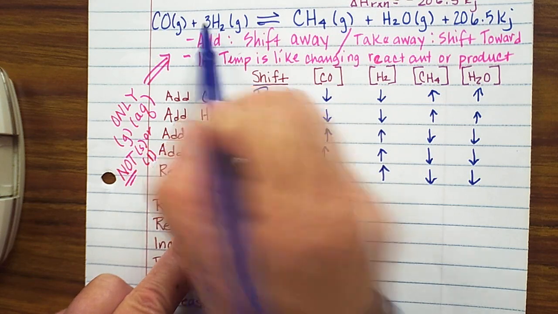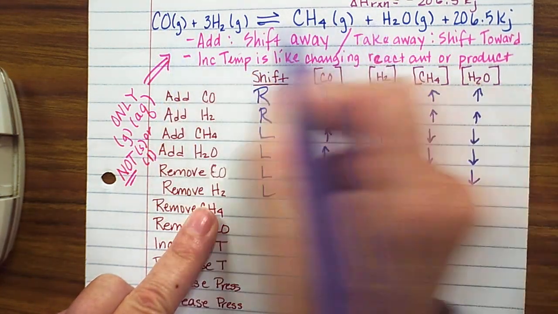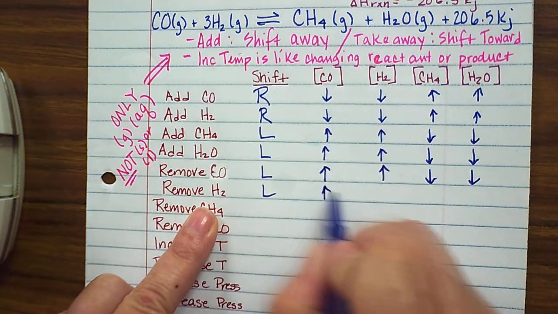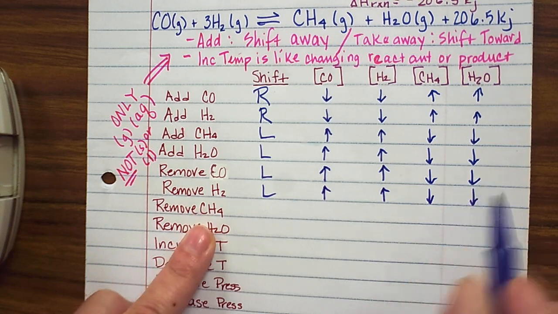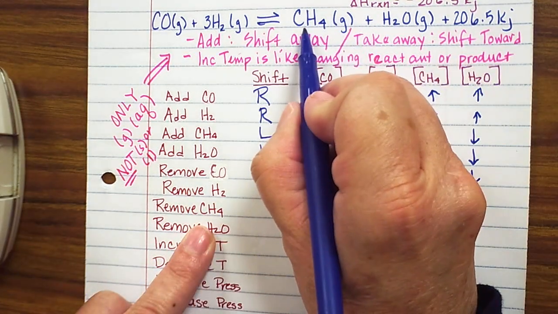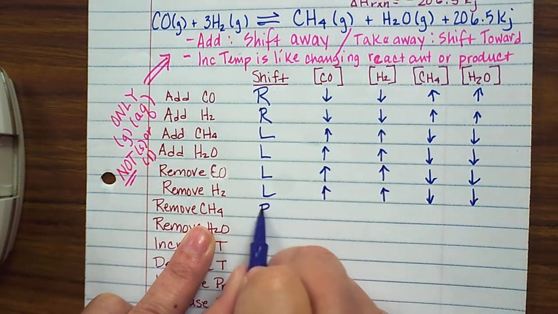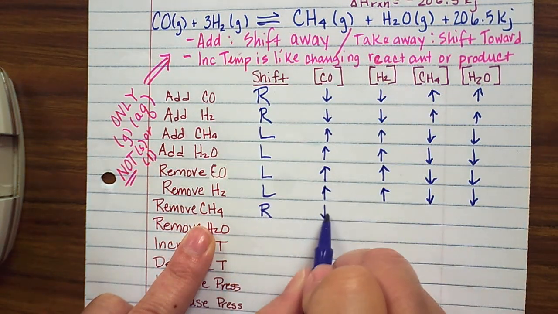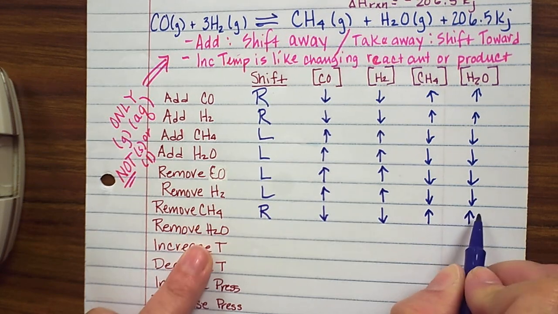Removing H2, shift left: increase, increase, decrease, decrease. Take away methane here, shift right toward the products. So decrease, decrease, increase, increase.